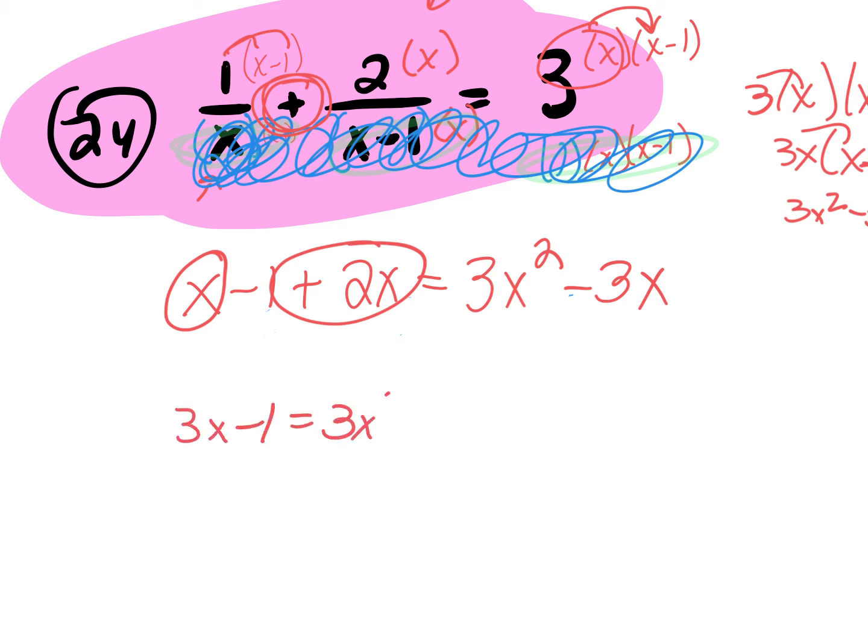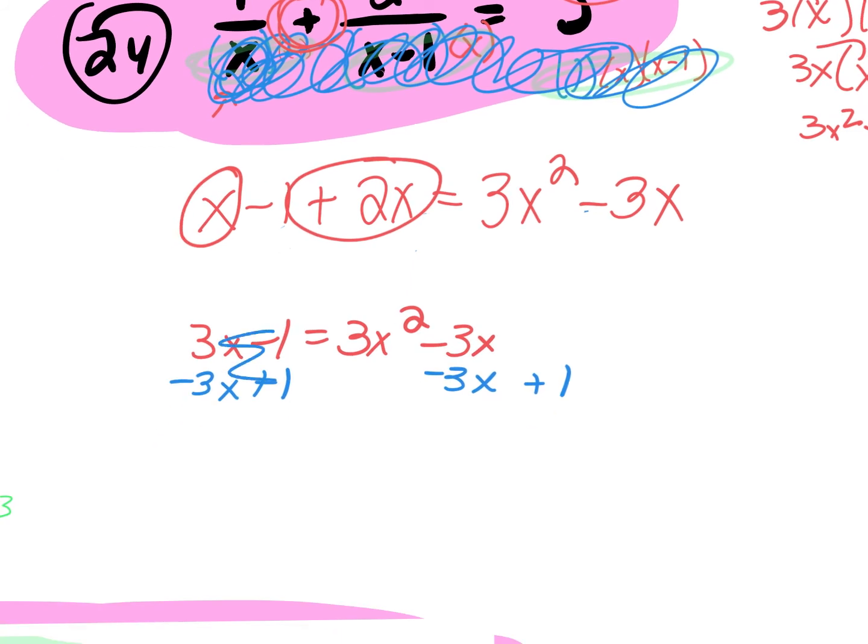And over here I have my 3x squared minus 3x. So I'm going to subtract 3x from both sides, and I'm going to add 1. Do you agree with me? So I have 3x squared minus 6x plus 1 equals 0.